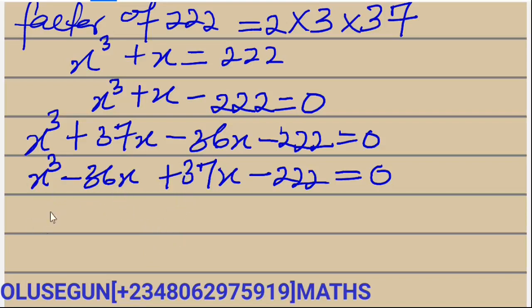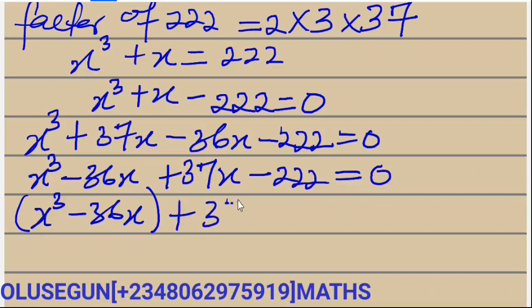So now, let's group it to have x cubed minus 36x, plus 37x minus 222, is equal to 0.